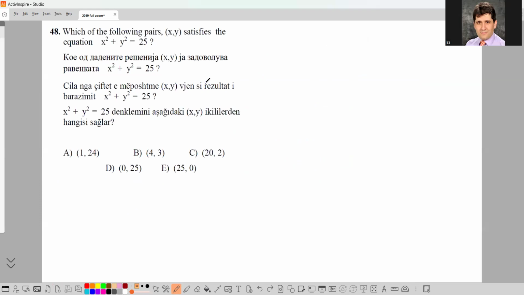Which of the following pairs satisfies this equation? So you get x squared plus y squared is 25. Here the easiest solution would be you need to test. So we test it by substituting.